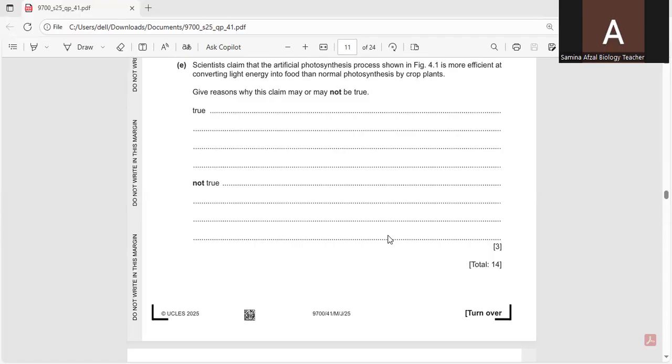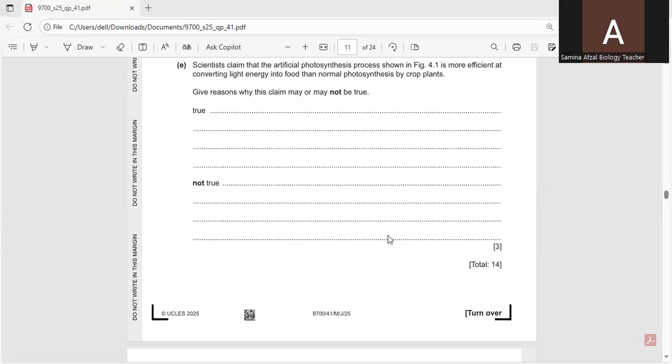Rubisco often undergoes photorespiration, which wastes energy and reduces net productivity, particularly in hot, dry conditions. The second, the alga Chlamydomonas is fed acetate, a simple organic molecule which allows them to grow and produce in the dark without needing to perform the light dependent reactions or the entire Calvin cycle themselves. So this removes the constraint of sunlight availability, potentially speeding up overall food production.